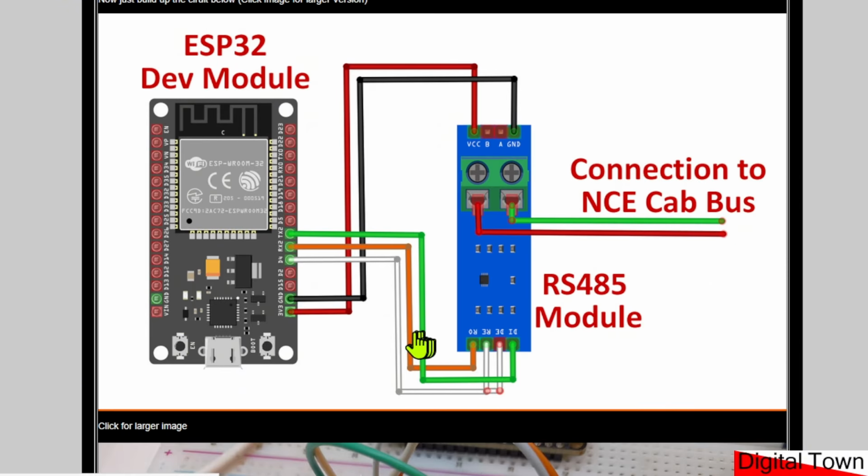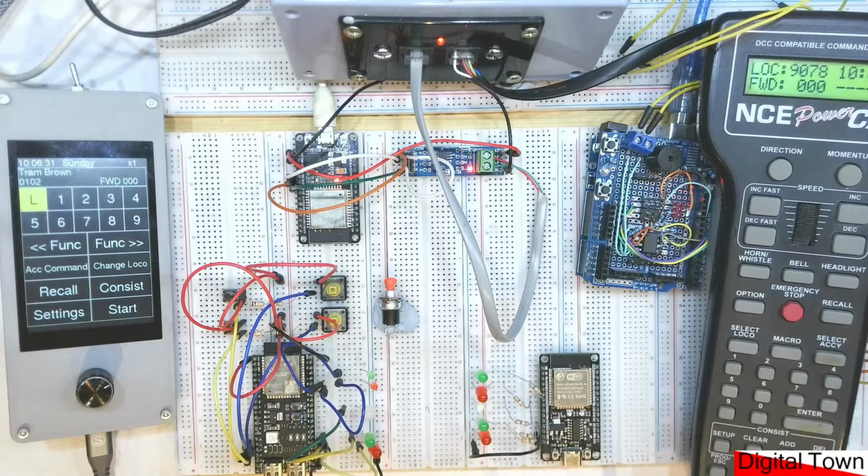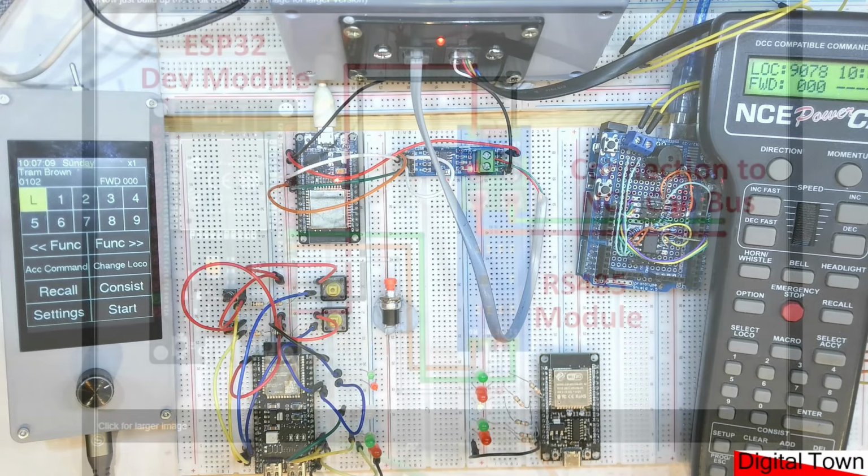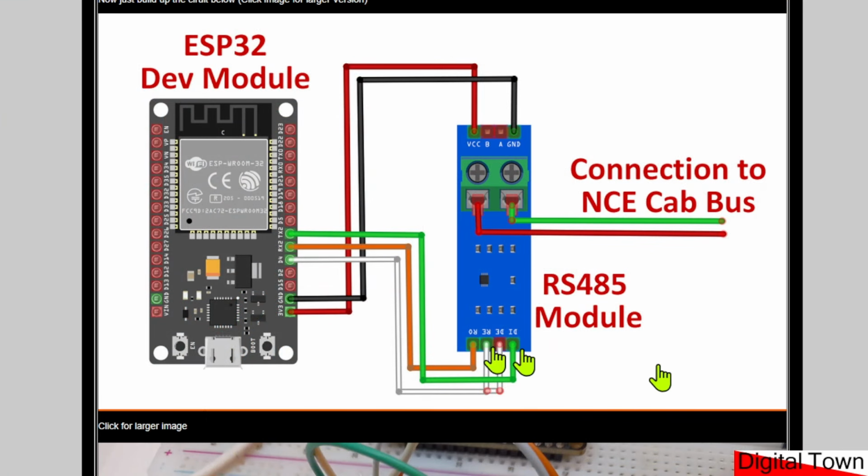Now, going back to the workbench, one of the great things about the cab bus system is it uses just standard RS-485 protocol. So it's quite simple to add a unit that can use that protocol into the system. So as you can see, I've got an ESP32 dev module. I then have the 3.3 volts going to VCC, ground obviously going to ground.